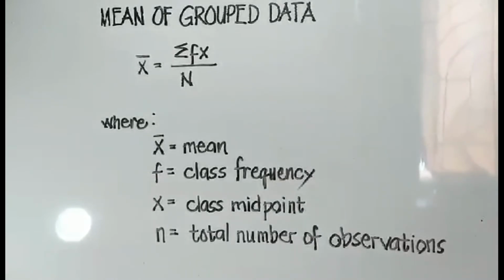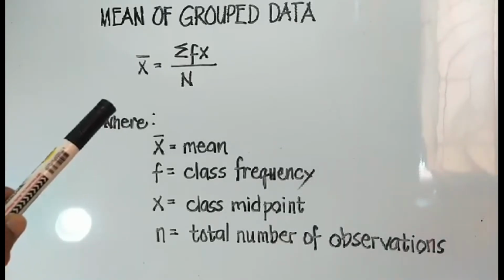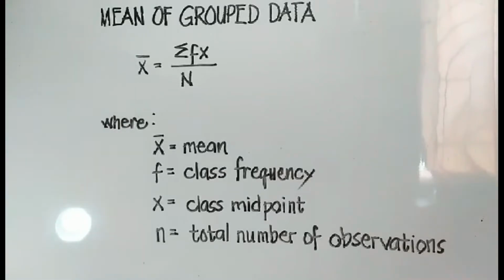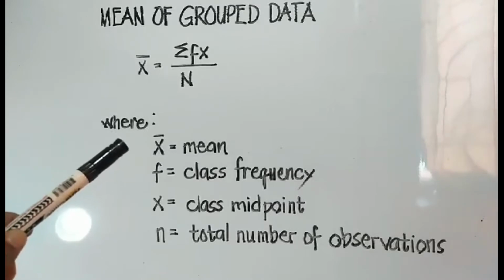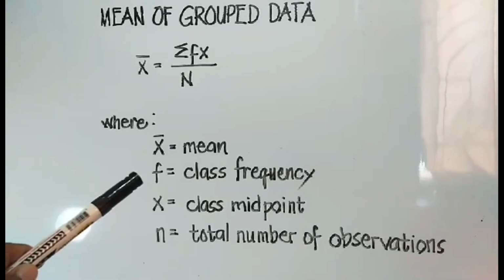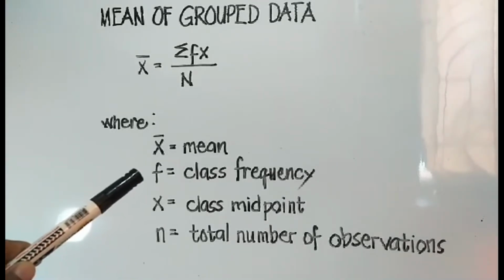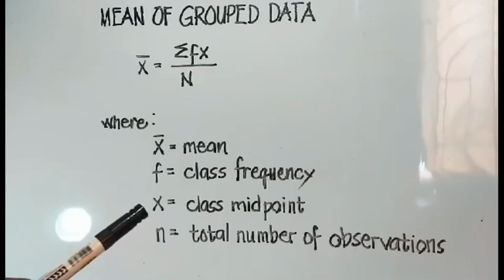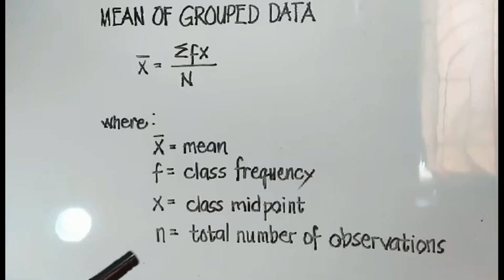So, mean of group data, x bar is equal to the summation of fx over n. Kung saan, itong x bar, siya yung mean. Yung f naman, siya yung class frequency. Yung x naman, yun yung kanyang class midpoint. And n, siya yung total number of observations.